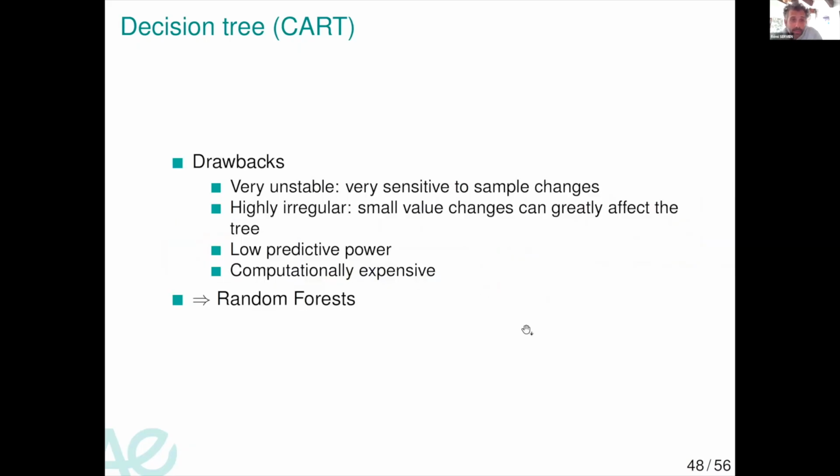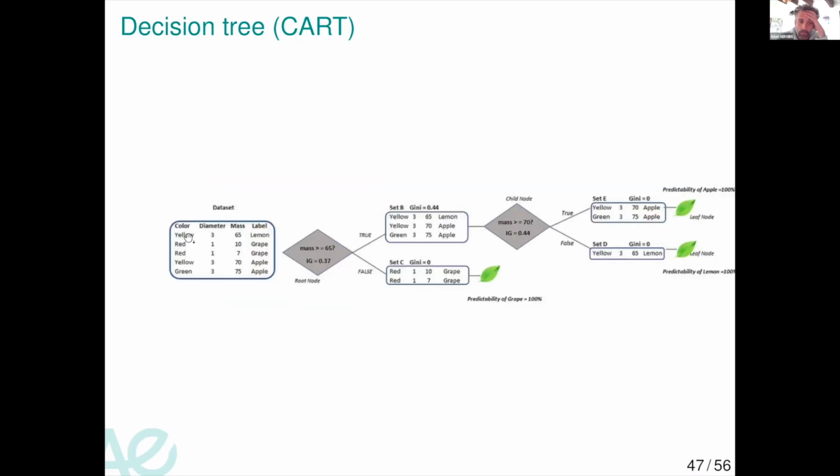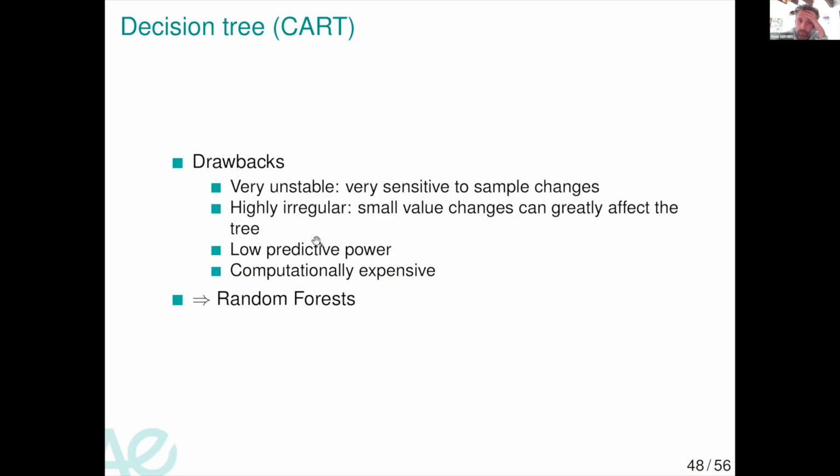But this decision tree has several important drawbacks. For example, it's very unstable. If you had only one more individual, you could change the decision tree a lot. It's also highly irregular. A small value change can affect the whole tree.